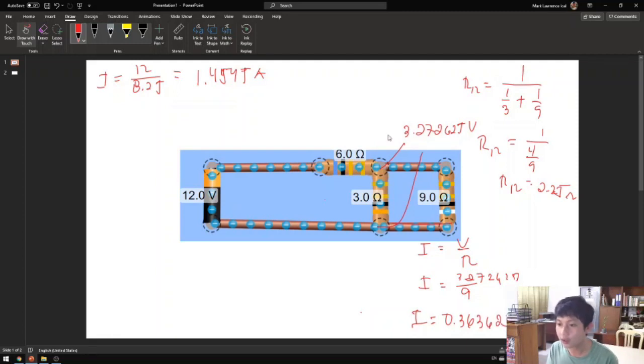That's the current that flows through at this point, and the current is 1.4545 here. So the current here is 1.4545, and the current that flows through here is 0.363625 amps.